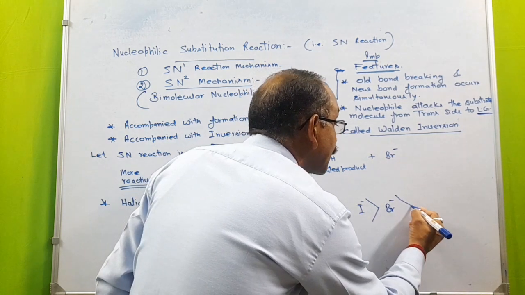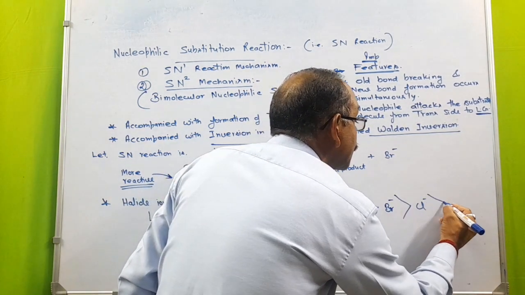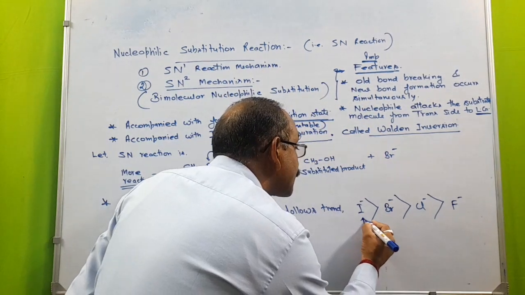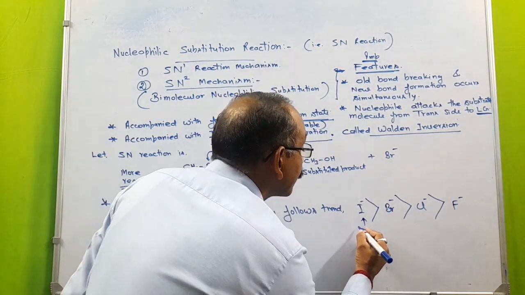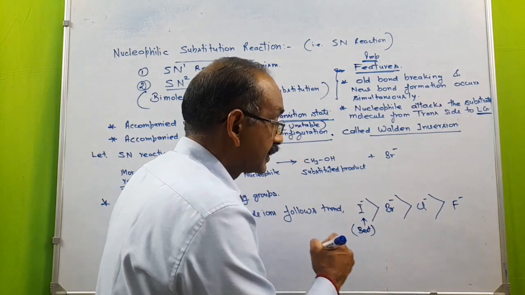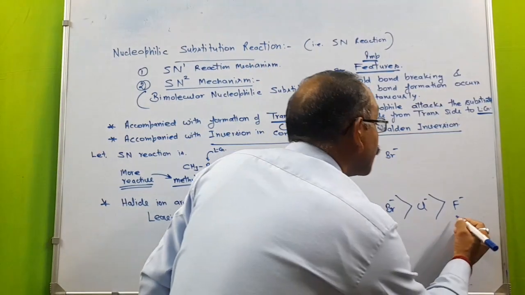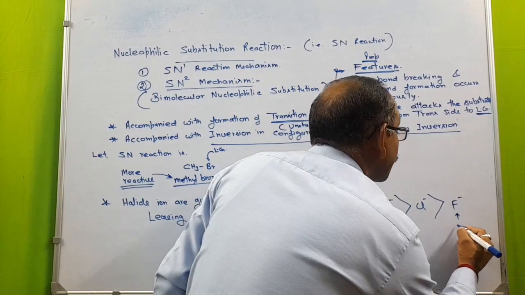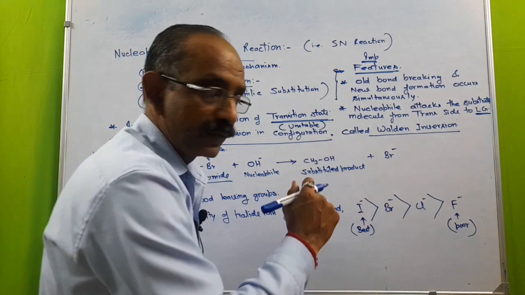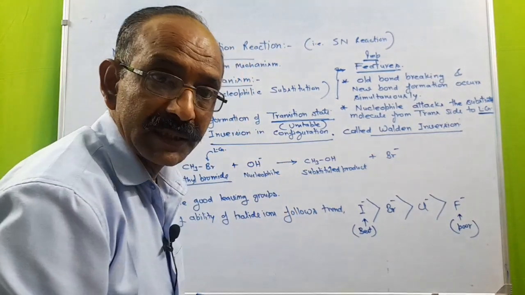Then Br minus, then Cl minus, and then F minus. I minus is the best leaving group among halides, while this fluoride ion is a very poor leaving group among the halide ions.